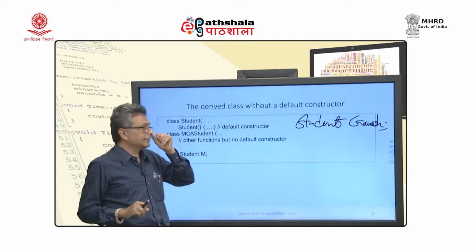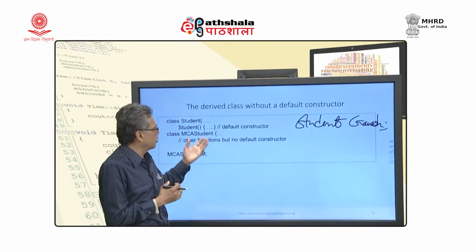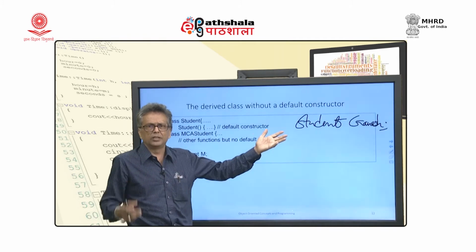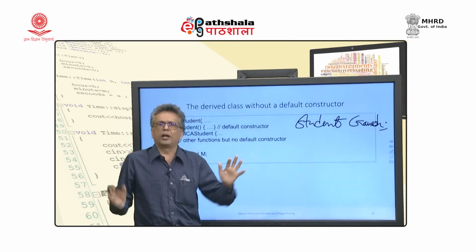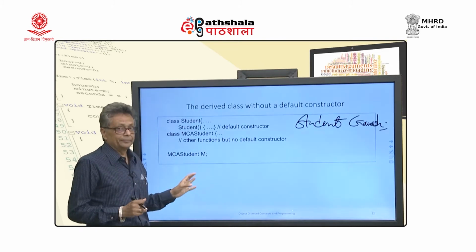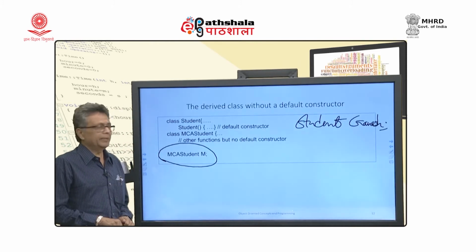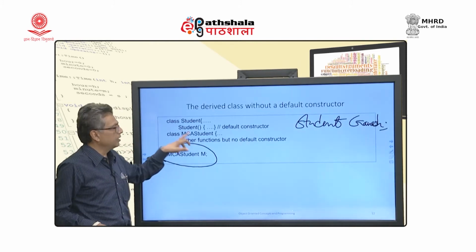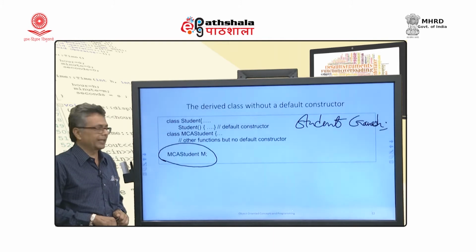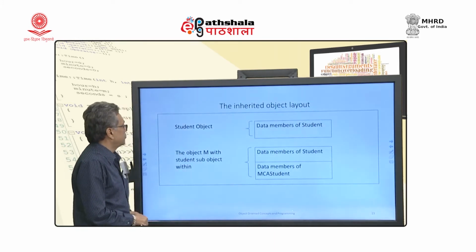Now, when you say class MCA student and you do not specify a default constructor, you mean that for an MCA student, I do not need to do anything, a compiler will provide memory for me, I am happy. But then when I define MCA student M, I have a problem, because in C++, whenever you define a derived object, it is actually defined in this fashion.